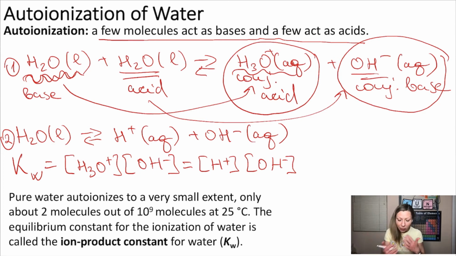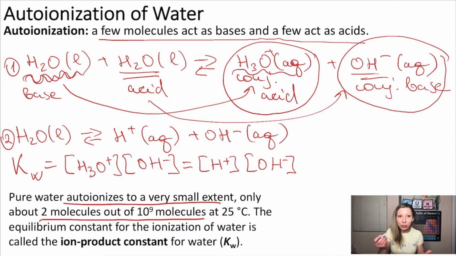So basically, the concentration of H+ ions is interchangeable with the concentration of hydronium ions in aqueous solutions. Now, water autoionizes to a very small extent, only about 2 molecules out of 10 to the 9 molecules autoionize at 25 degrees Celsius.